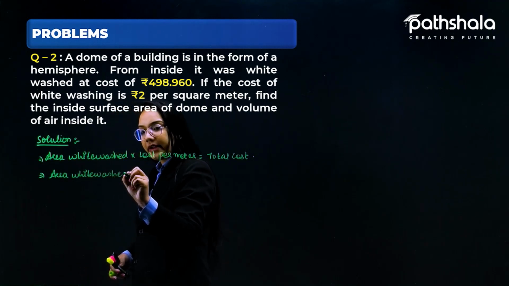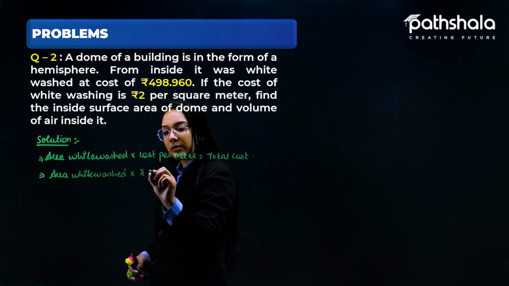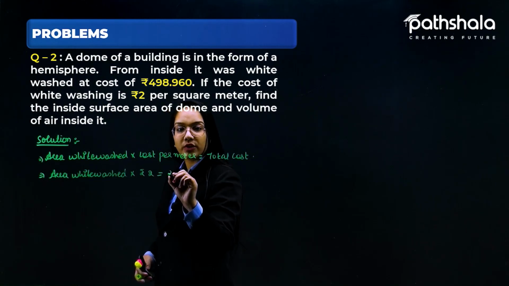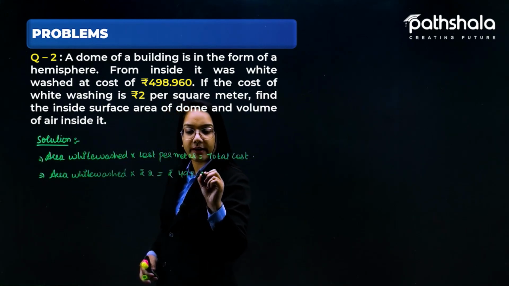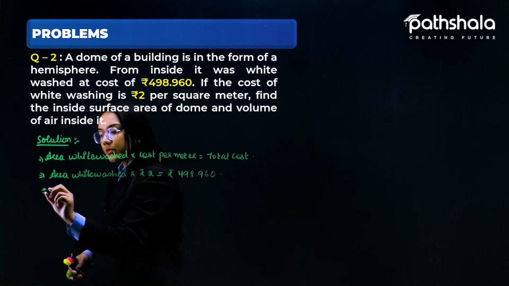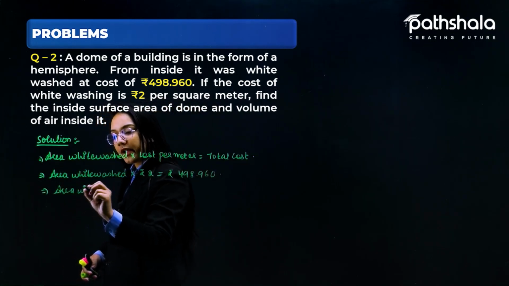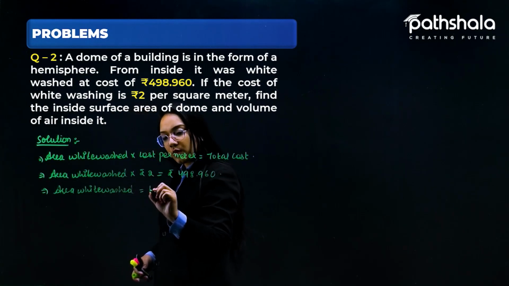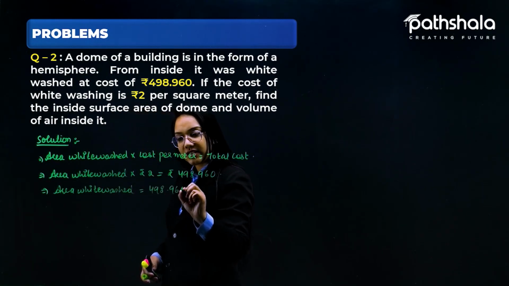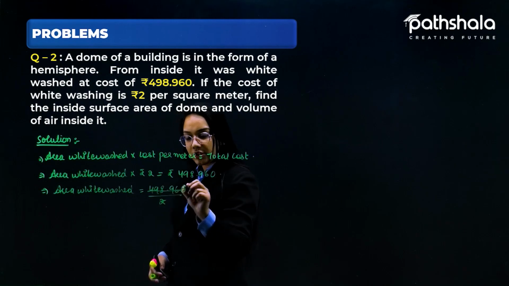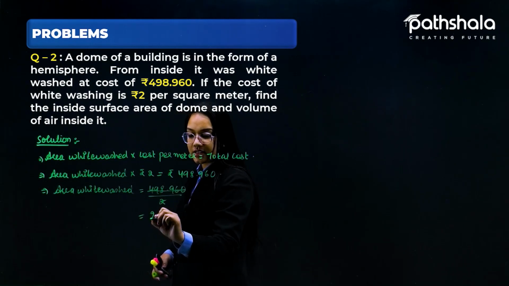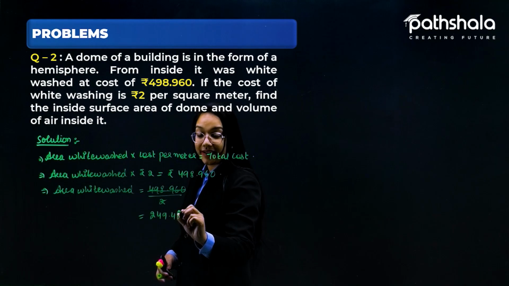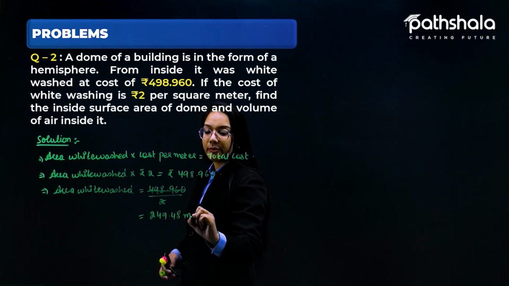The cost per square meter is rupees 2, and the total cost is given to us as rupees 498.960. So the area whitewashed is equal to 498.960 divided by 2, and after cancellation we get the answer as 249.48. The units are in meters, so we have meter square.